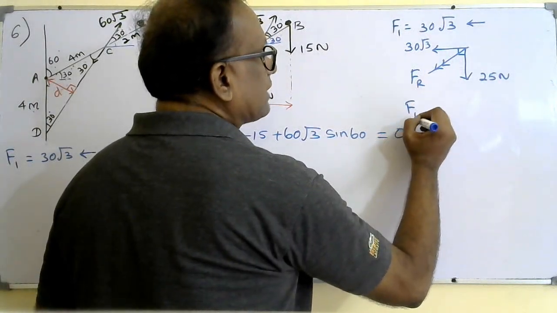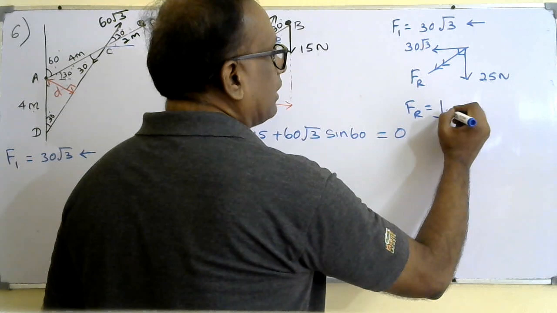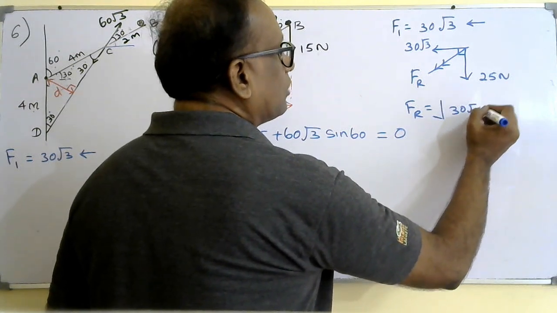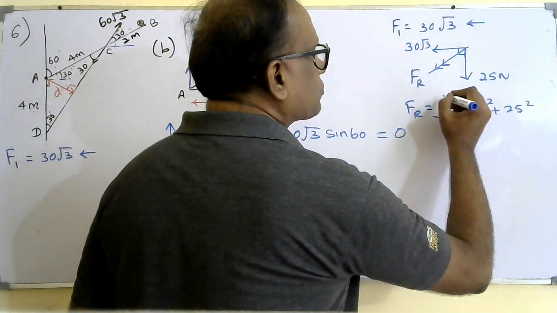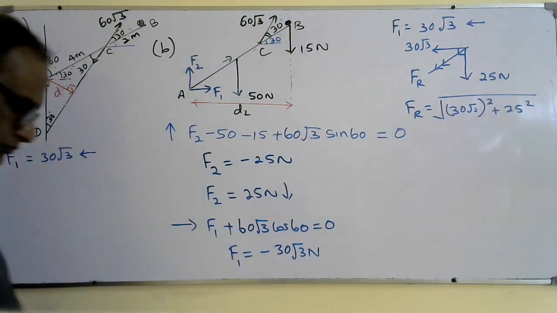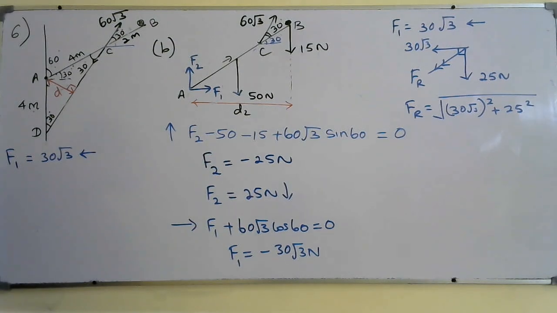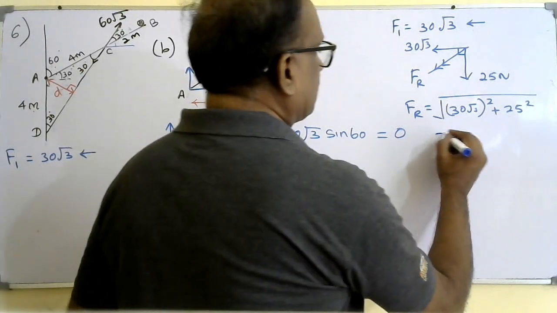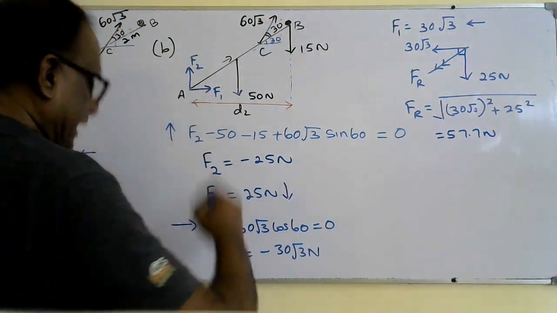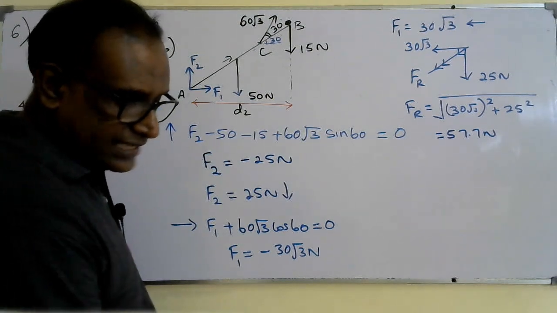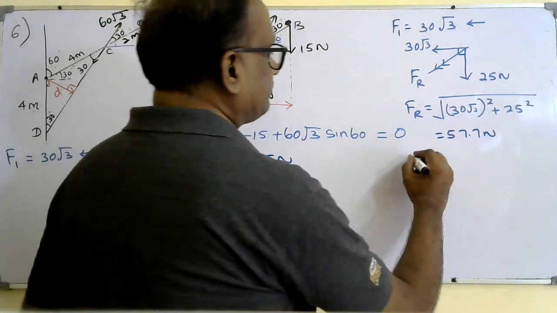So Fr is equal to the square root of (30 root 3) squared plus 25 squared. So that will be 57.7 Newton. So the resultant force at A is 57.7 Newton.